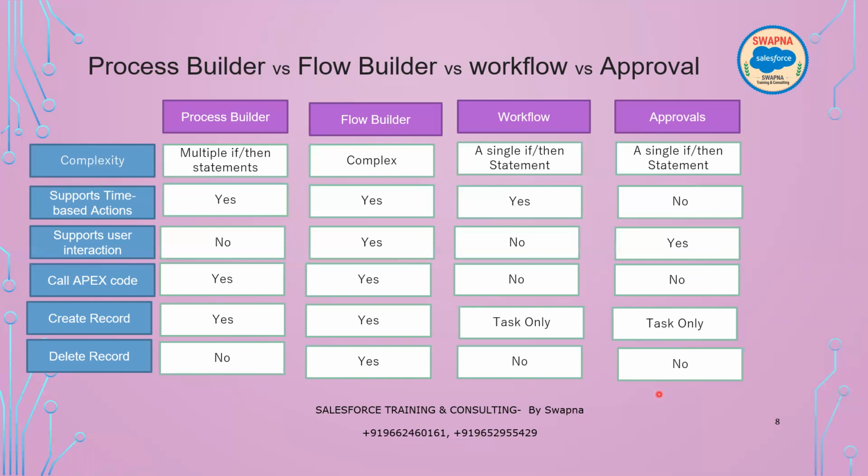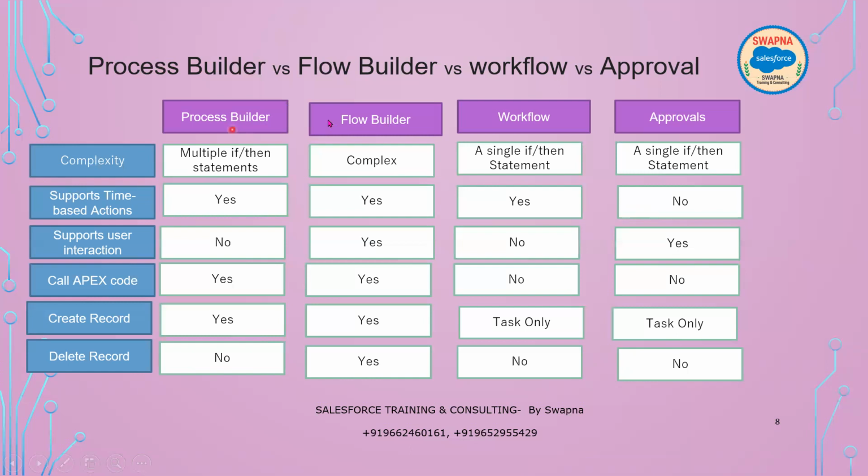Right now we got another flow which is called Flow Orchestration. So that Flow Orchestration is also a combination of workflow and approvals. Flow Orchestration is a combination of workflow and approval process.